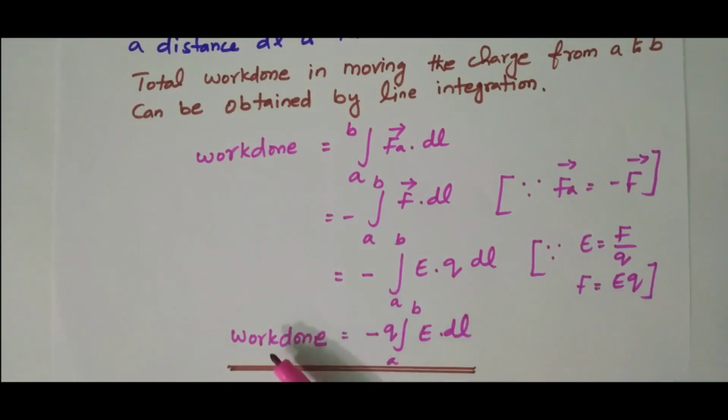So finally what we got: work done equals minus, you bring this q outside, it is a constant, minus q integral a to b E dot dl. So the general expression for the work done is minus q integral a to b E dot dl, right?